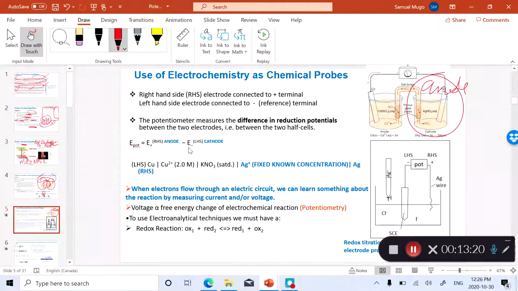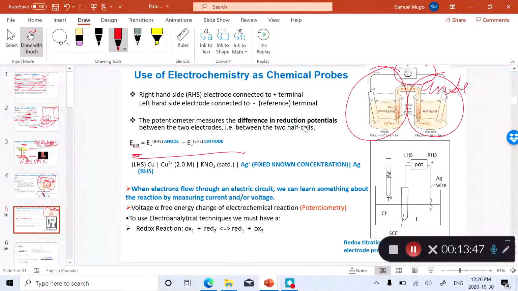And then you subtract from it the E, or the voltage, associated with the left hand side, which in this case is the cathode. Essentially when you do that, you measure the E of the cell associated with the reaction that is taking place.